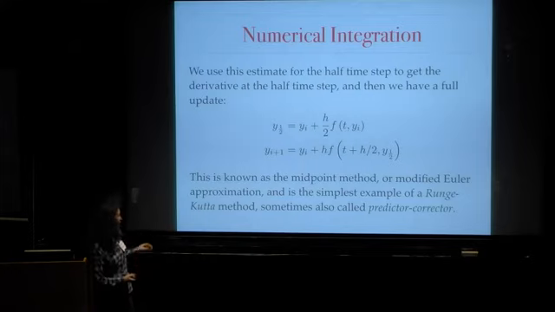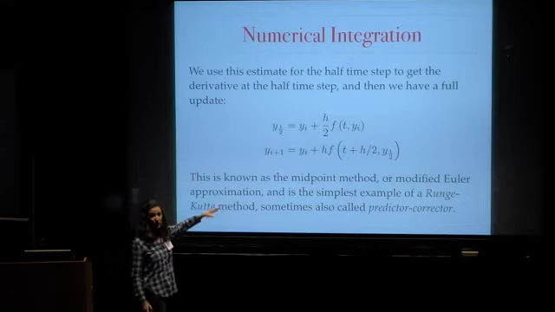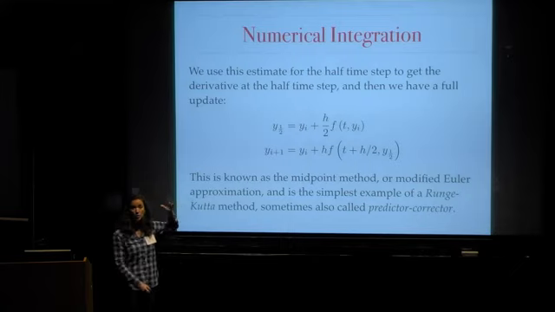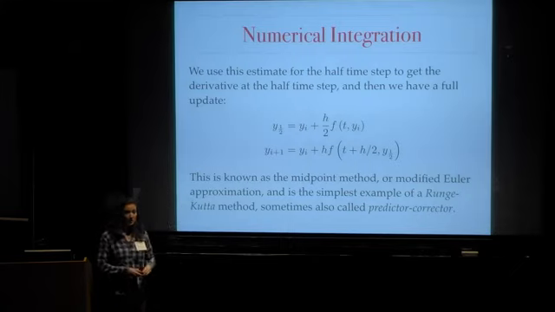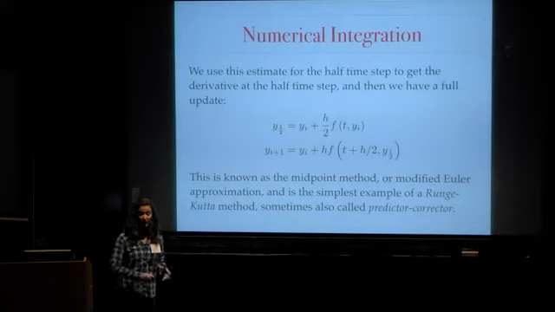And so with Runge-Kutta, you can use this same strategy to create progressively higher order approximations. In fact, one of the most common ODE solvers is a fourth order Runge-Kutta method. And you can use those methods as the basis for numerical hydrodynamics integration.